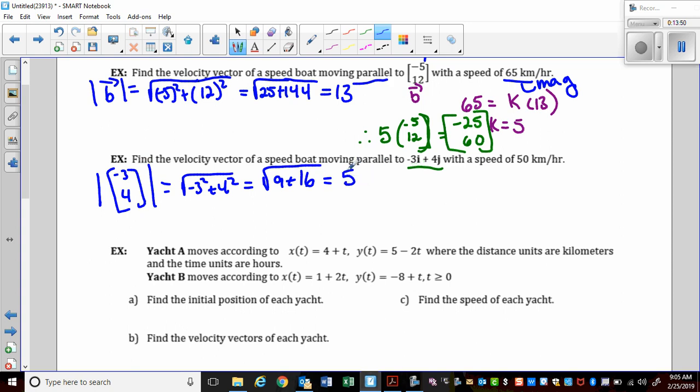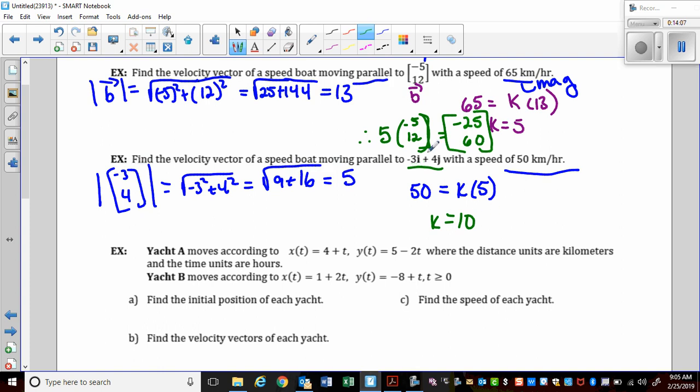So this is 5. So I know that I want the speed to be 50 equals k times 5. And I can divide by 5 and say k is equal to 10.